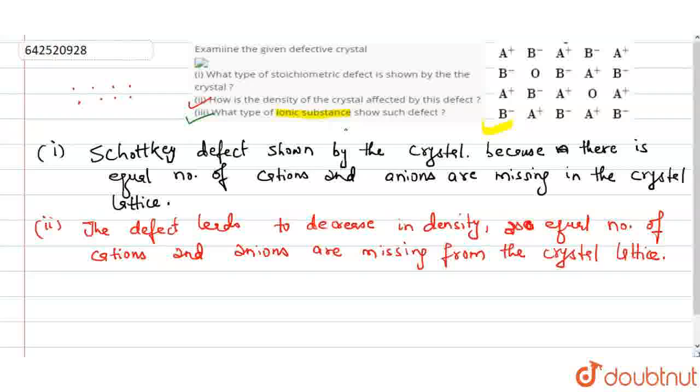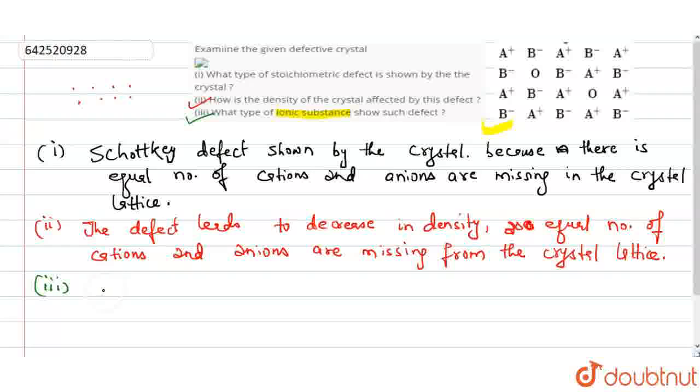So this kind of defect is shown by ionic substance in which cations and anions are of, you can say, almost similar sizes. I will write it here. I will pen it down because this definition is most helpful.